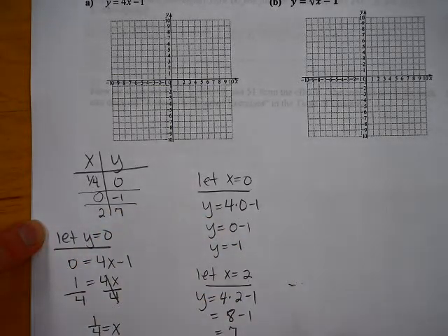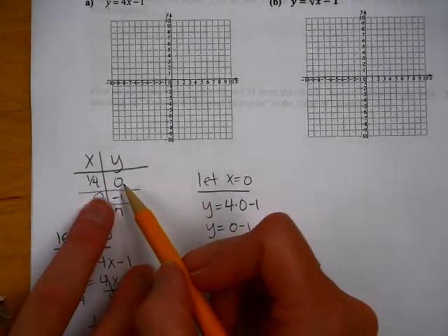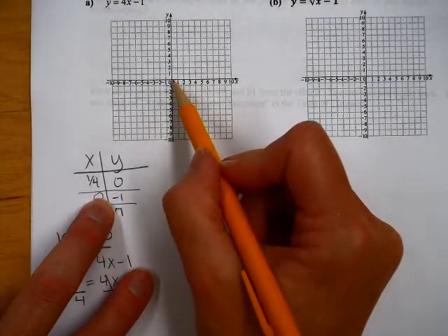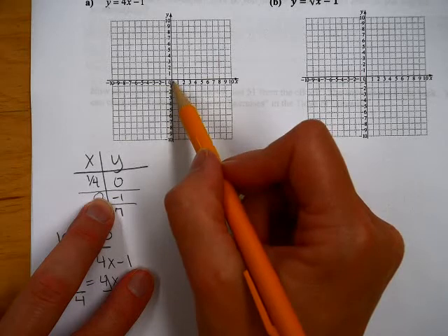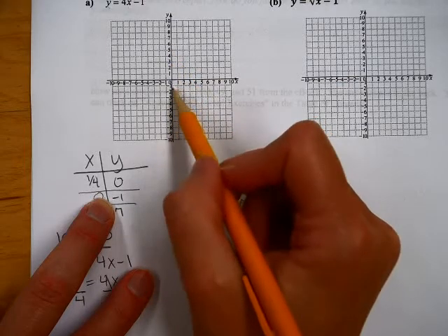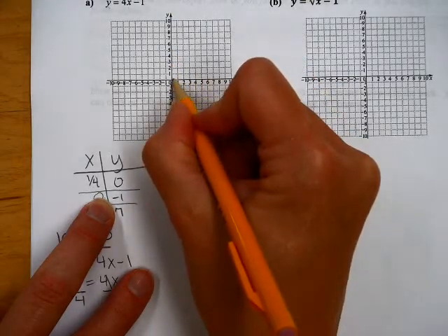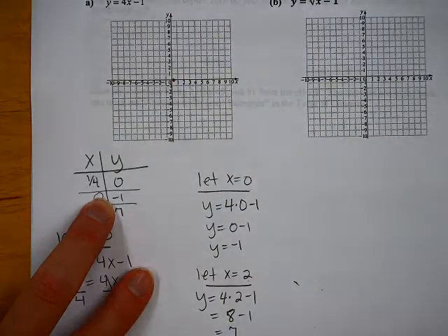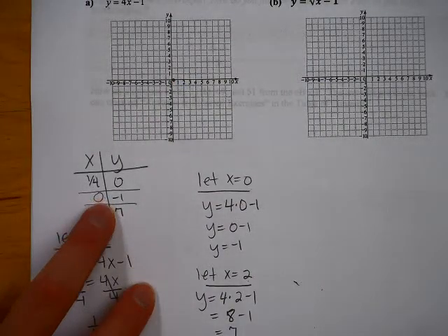Now let's plot these points. (1/4, 0). Well, there's not a 1/4 up here, so you just have to kind of guesstimate. You know it's between 0 and a half, so about right here is 1/4. y is 0, so I'm actually going to be on the x-axis. So there's my point (1/4, 0).